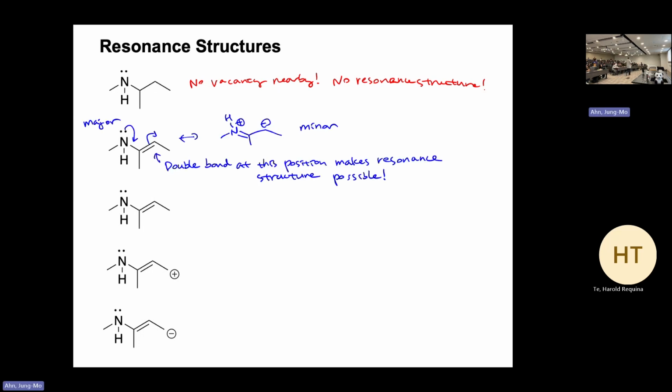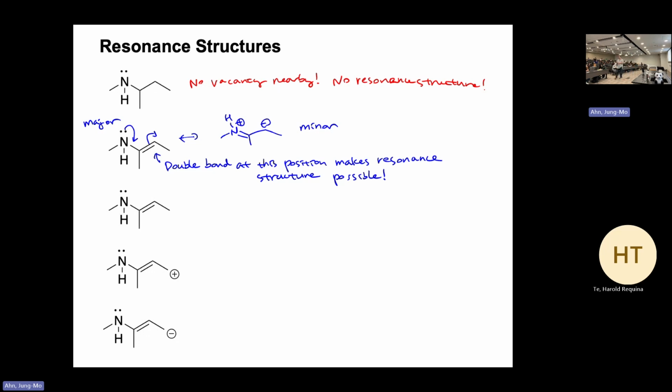This one, yes. The lone pair on nitrogen comes in, which makes a double bond between the carbon and nitrogen. But if you stop there, obviously that's invalid. Synchronously, you make this double bond electron pair go to this carbon, then you can make a resonance structure. And this becomes a minor contributor because of the charge separation.